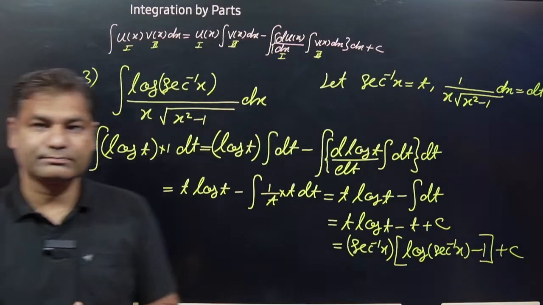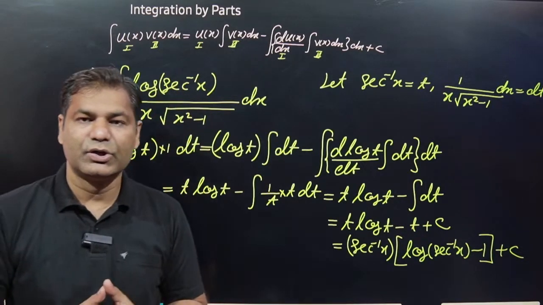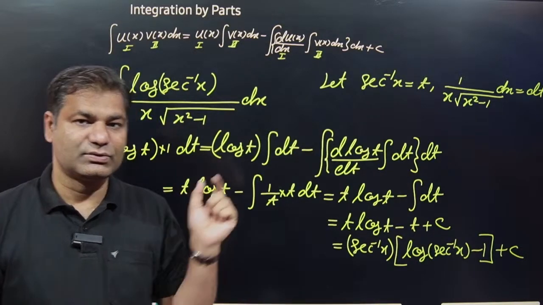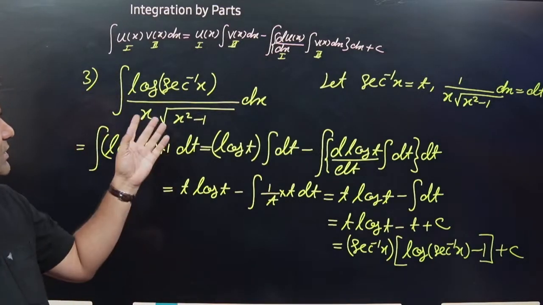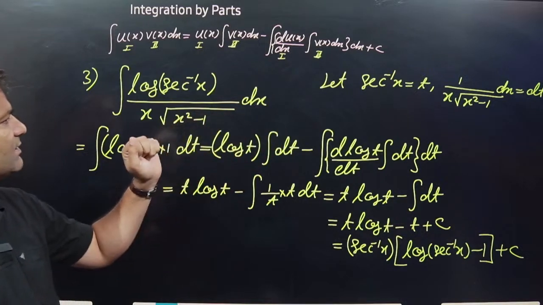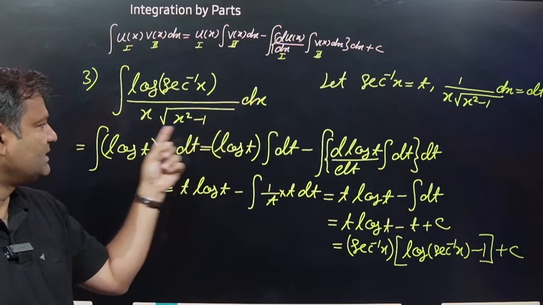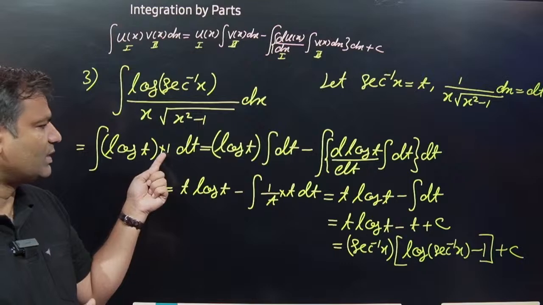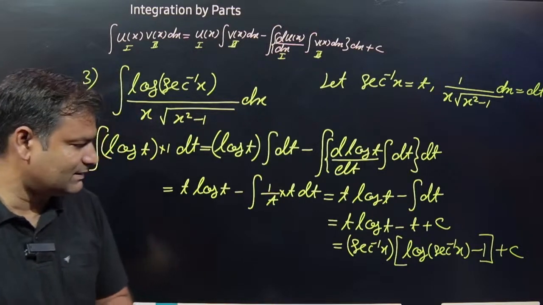Look here, how do we solve it? First of all, we simplify: let sec inverse x be t, so 1 upon x into under root x square minus 1 is dt, meaning dx is replaced by dt. Then log t into dt, that is log t into 1 dt. Here the first function is log t and the second function is 1. After applying the formula and resolving it, finally t is replaced by sec inverse x and you get the final answer.